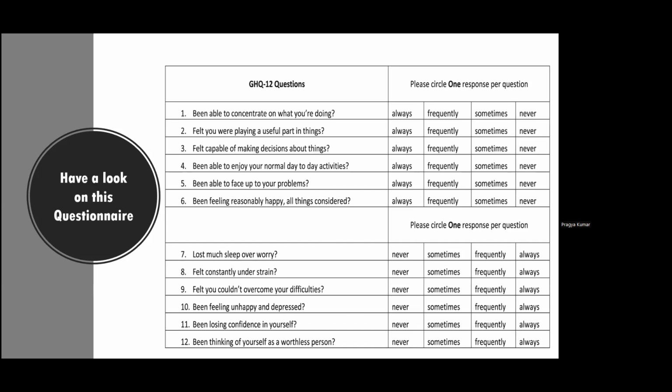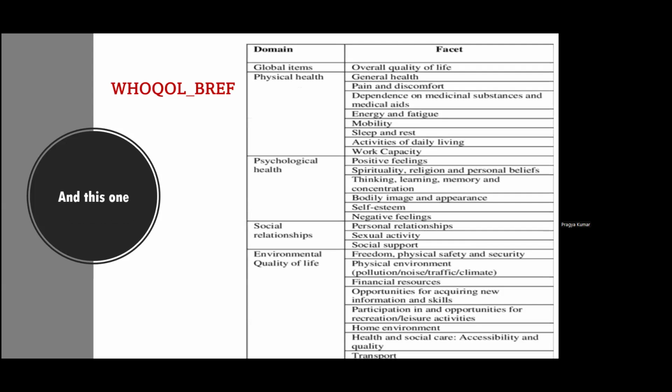Is it a single domain or multiple domains? Ayushi is writing single. Yes, because you can see that there is no delineation and all the questions are in the single general health questionnaire domain.